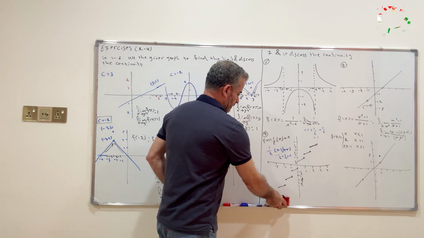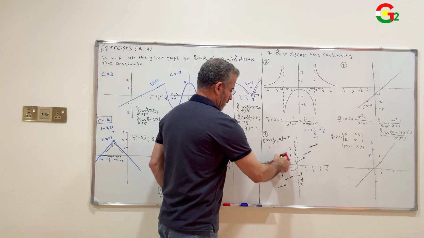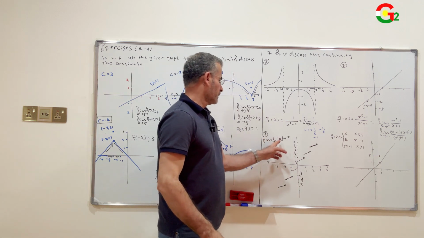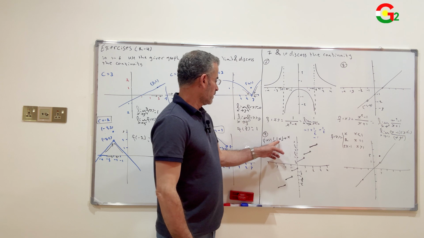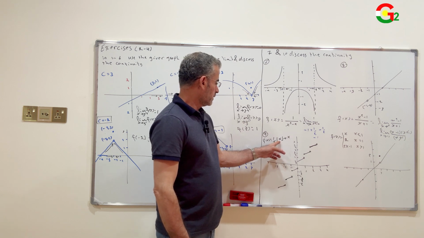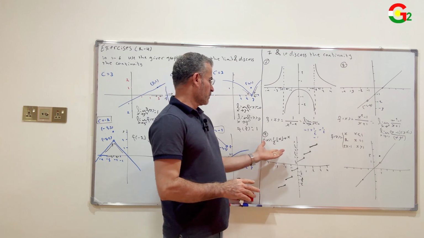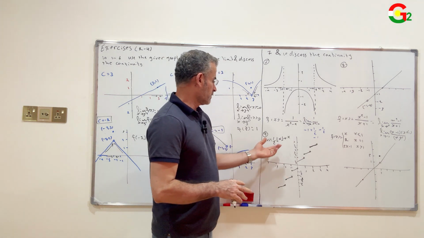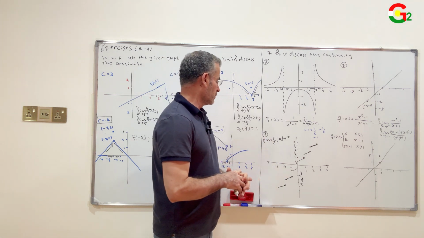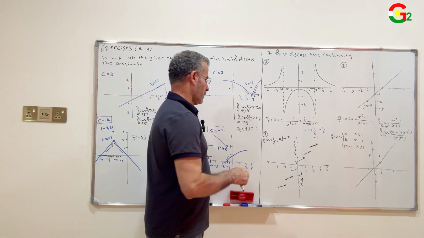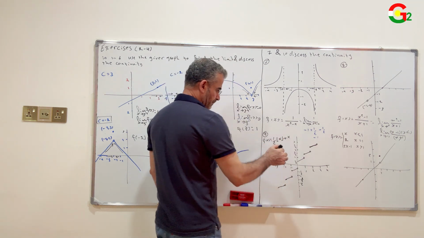Number 9, the function is 1/2 greatest integer of x plus x. This function, we solved it before. This function has discontinuous points when x is an integer, not non-integer numbers.